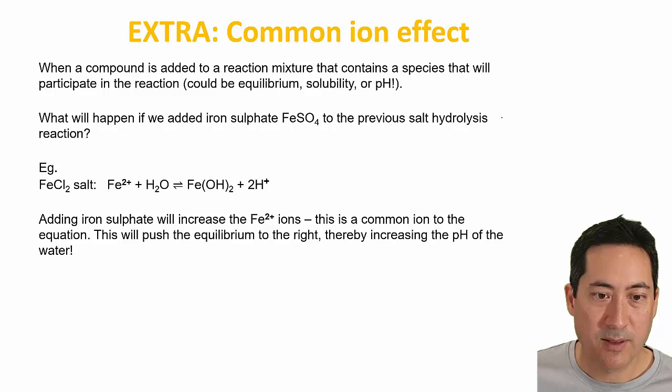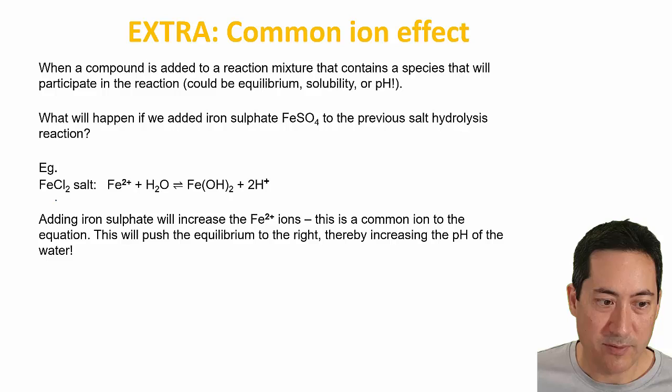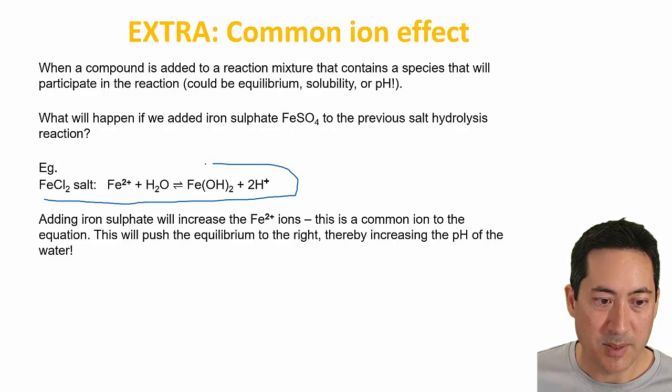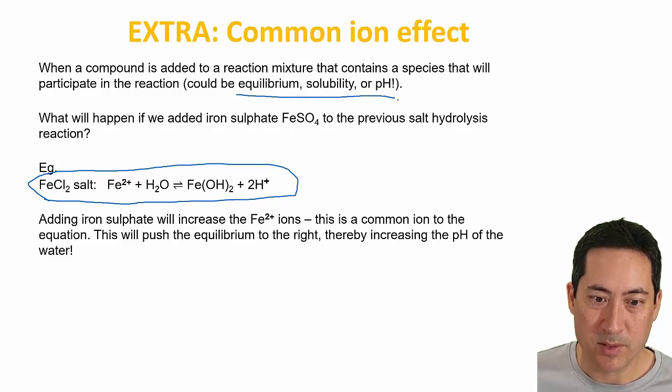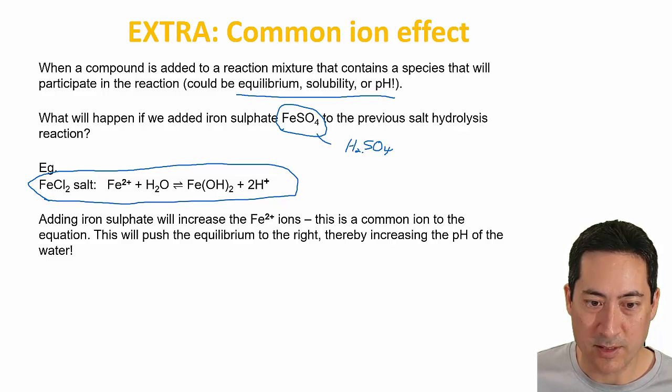In a very similar fashion, there's something called the common ion effect. What would happen in the previous situation, and this can be applied to all equilibrium, solubility and pH calculations, is when you add a common ion, so if you add a sulfate to this, the sulfate is not going to go back, because sulfuric acid is a strong acid, so the sulfate is just going to be quite happy in this situation.